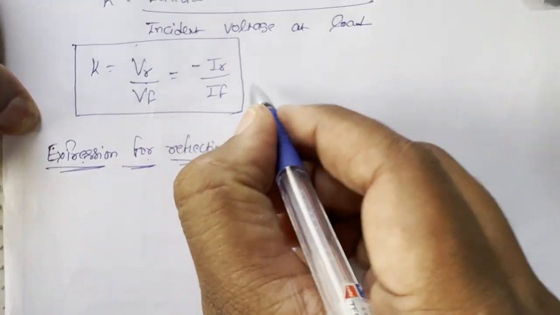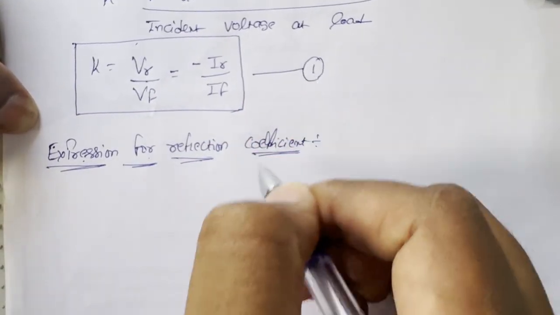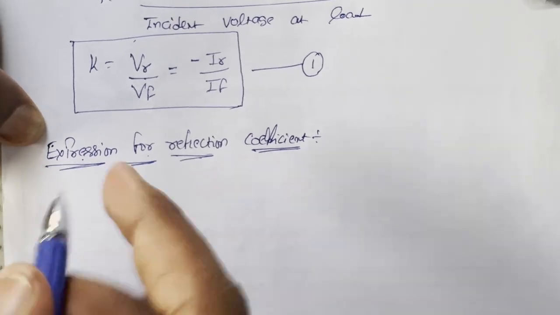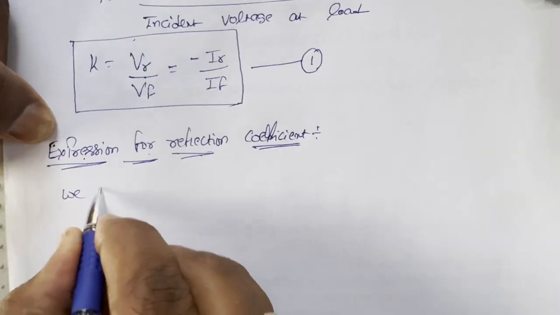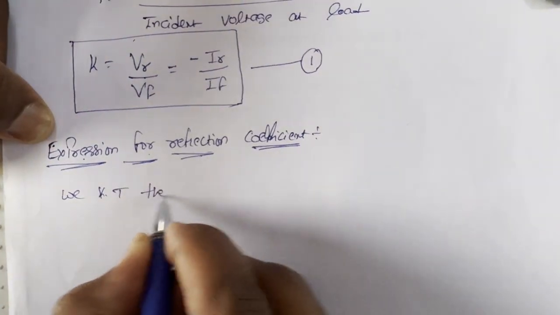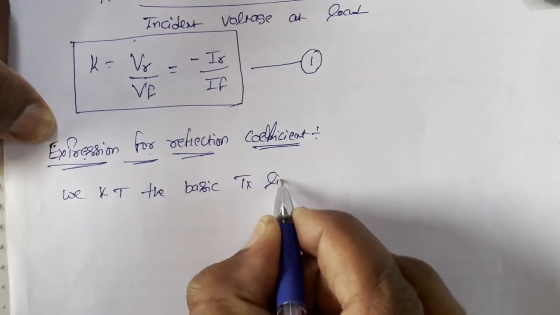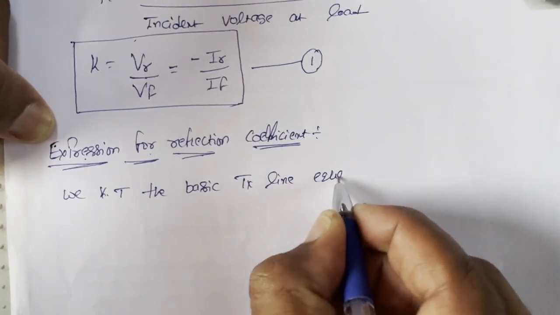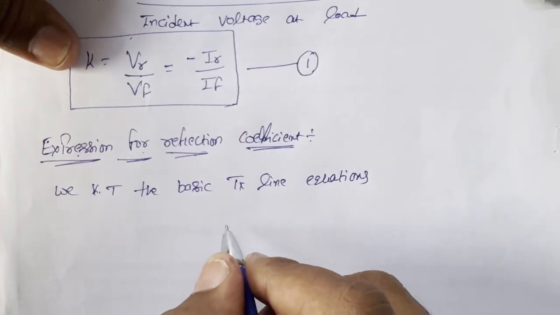To find the expression for reflection coefficient, let us consider this as equation number 1. Now we know the basic transmission line equations. We have already derived these equations in our previous sections.